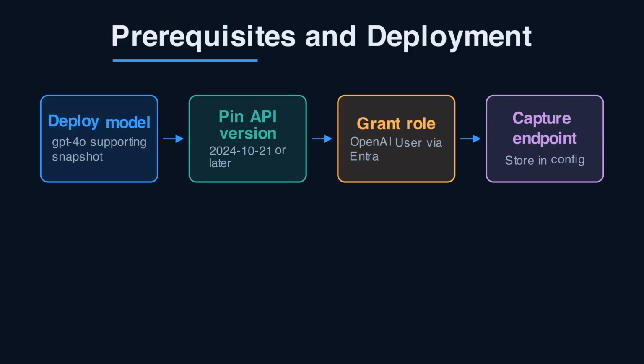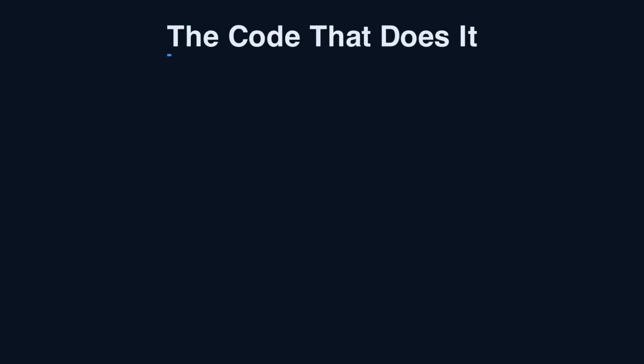Note your endpoint and pick an API version that supports the parse feature, such as 2024-10-21 or later. 3. Grant your identity the Cognitive Services OpenAI user role so managed identity works. Model and version support changes fast, so check the current Azure docs for the exact snapshot and API version that supports structured outputs.